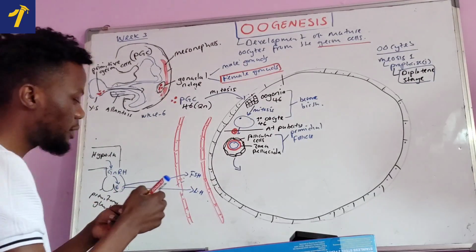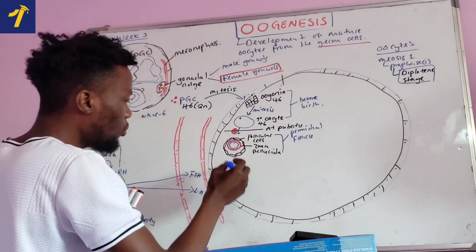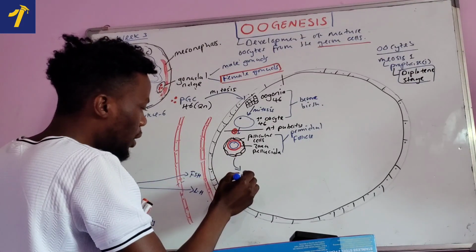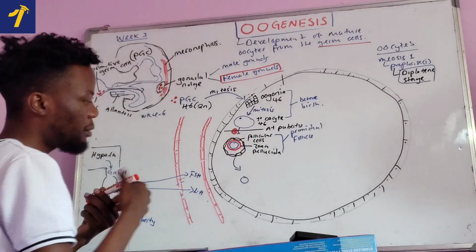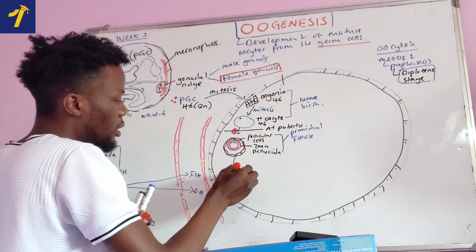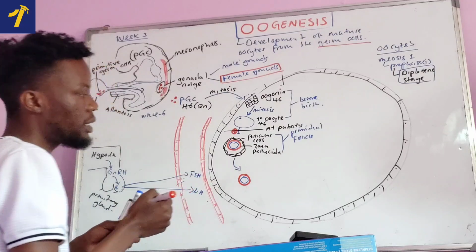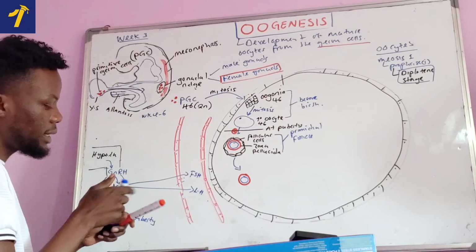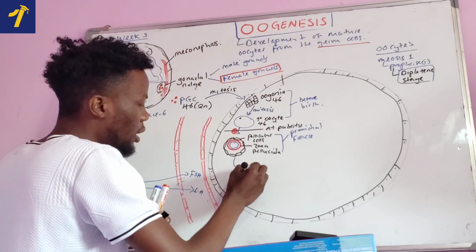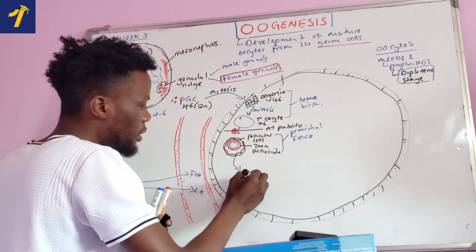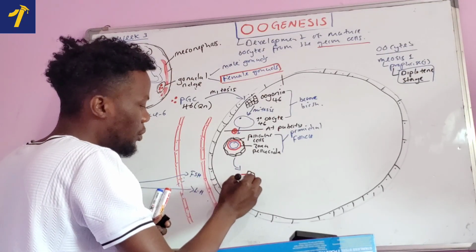Okay, so what we're simply saying is that we're going to have the same structures. We remember that this is the primary oocyte, and this is the zona pellucida, but something is going to start happening here. As you can see, these cells now are more like cuboidal.